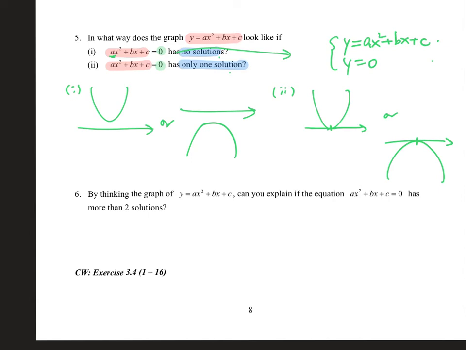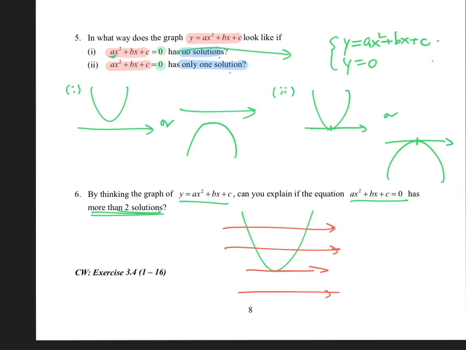Finally, there's a challenging question for you. If you think of the parabola, can you explain why the equation cannot have more than two solutions? You draw a parabola, and maybe I assume that it is a happy graph. When you have more than two solutions, that means you have more than 2 points of intersection. Is it possible? y equals 0 may be here, y equals 0 may be here, y equals 0 may be here.